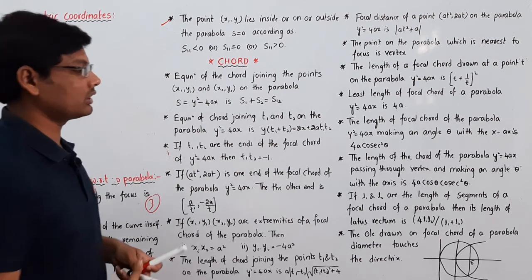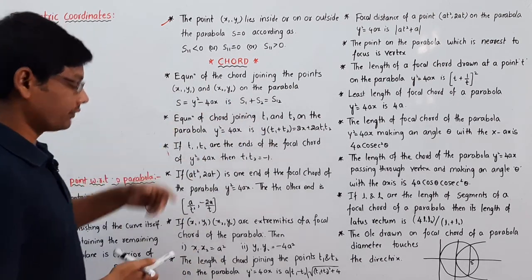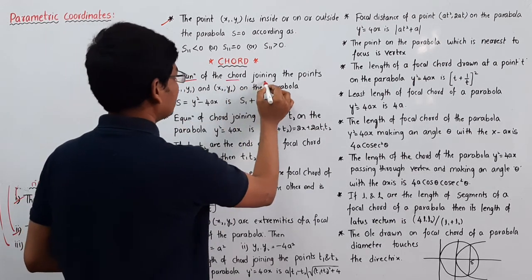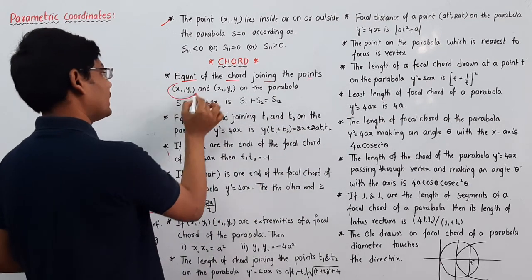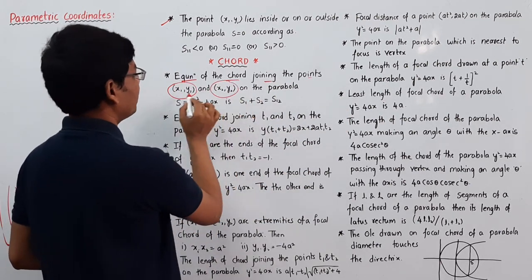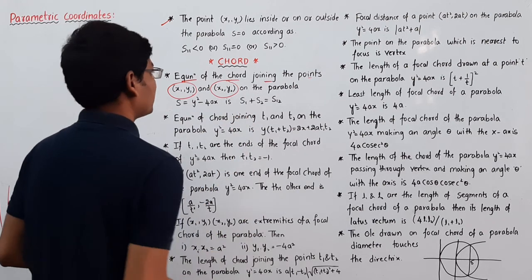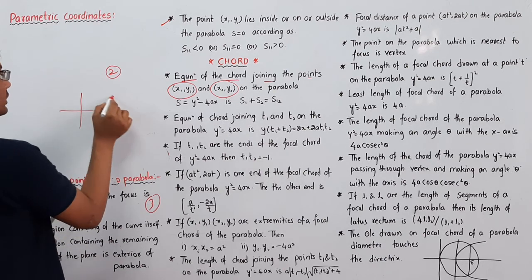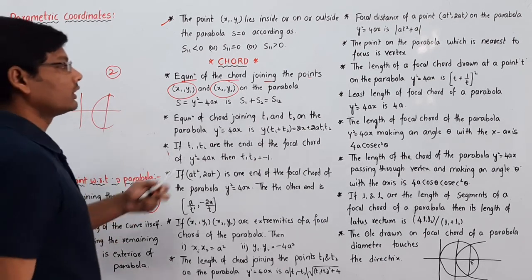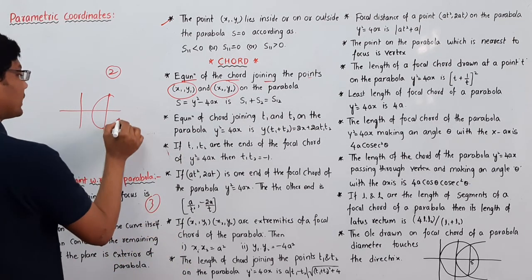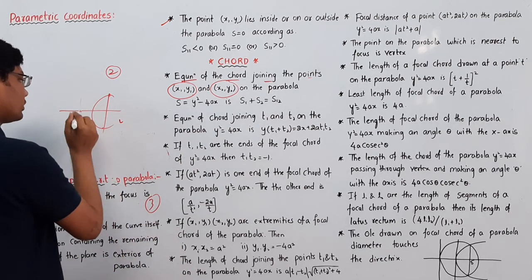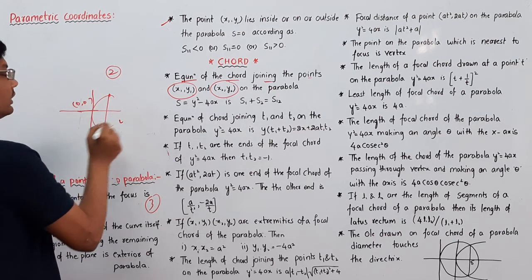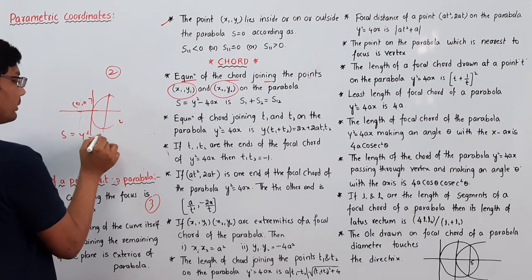There are some important points of a chord here. This is the first one: the equation of the chord joining the points x1, y1 and x2, y2 on a parabola. Here 2 points are there, and the chord joins the 2 points like this. The parabola has its vertex at 0, 0, and the standard form is S equal to y square minus 4ax.